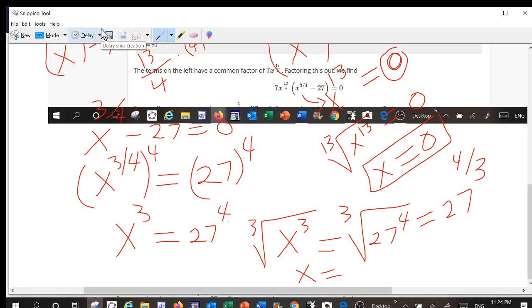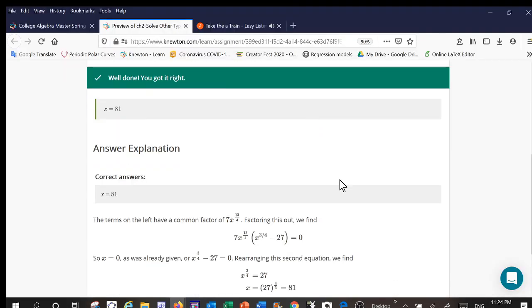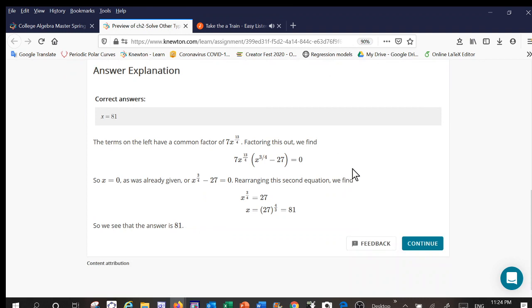So basically, 27 to the 4th power is a big number, and if you take the 3rd root of it, it's going to be 81. So those are the solutions: x equals 0, and then x equals 81. That's what that is.